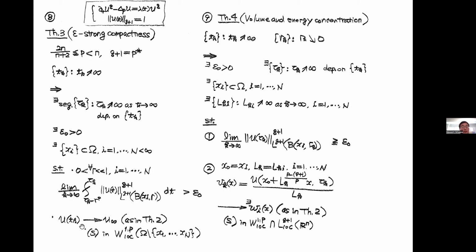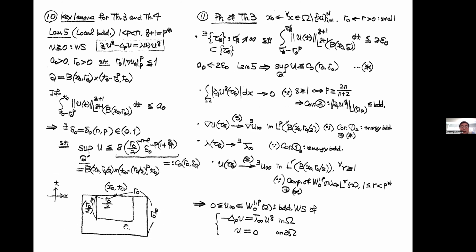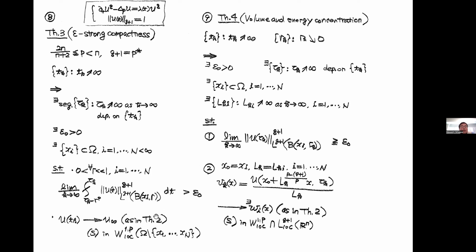And also, this is U tau k; Tk is a misprint. U tau k converges to U infinity, the body map as in theorem 2.